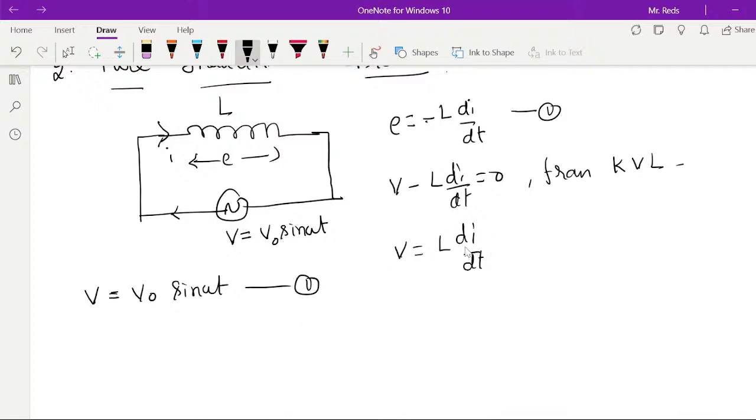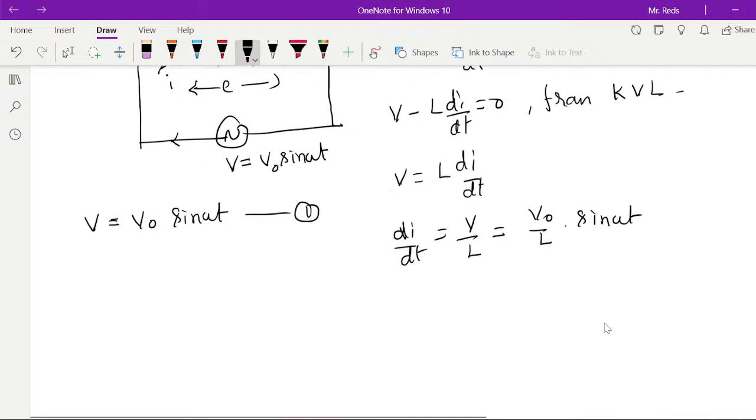If you send L to the other side, you can write di by dt is equal to V by L, where V is V naught sin omega t. So di by dt equals V naught by L into sin omega t, and we want the current. di by dt is the differentiation of current with respect to time.